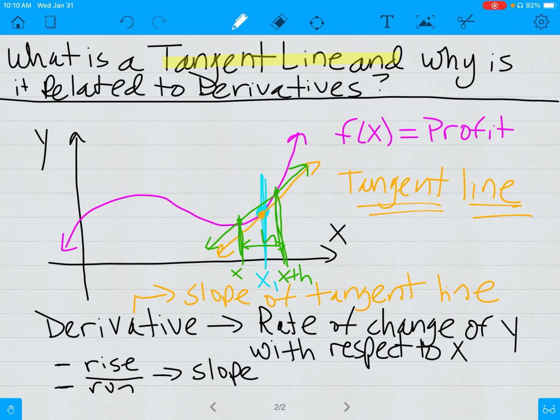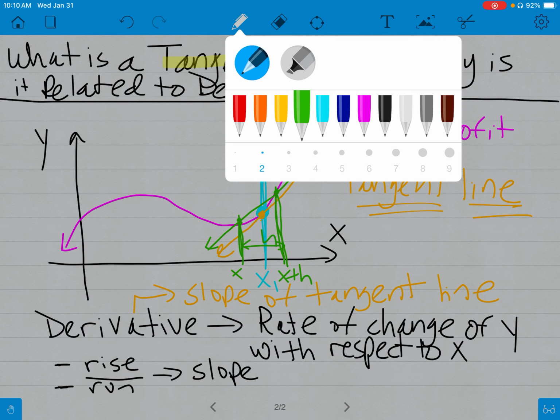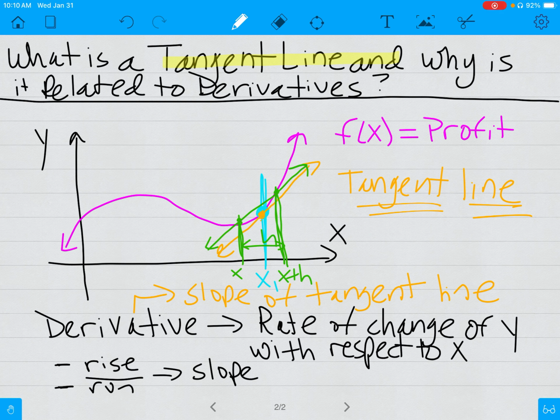Now, if I let that h distance between those 2 points start shrinking and shrinking and shrinking, bringing those 2 points, the x and the x plus h, closer and closer together, eventually they're going to converge when there's no distance between them.